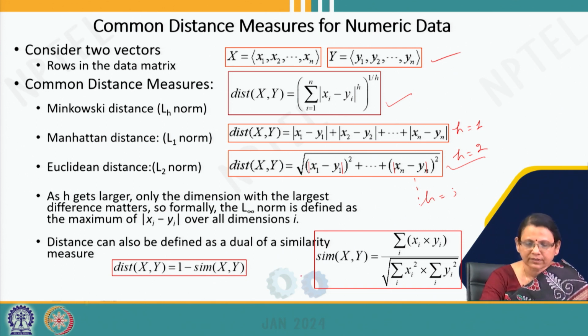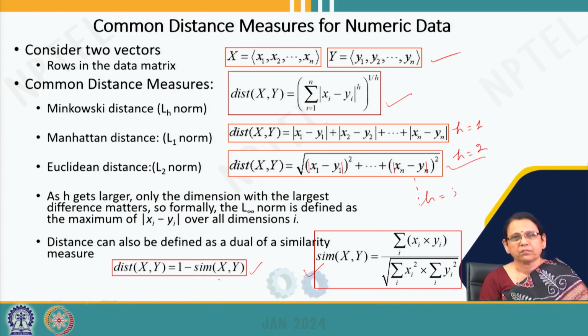Let us say this is a similarity function, which we are going to study next, and this is the distance function. So, 1 minus this similarity value can give you a quantity which you can term a distance function. However, you have to make sure that the value you get lies between 0 and 1, because of one property of the distance function called positive definiteness.